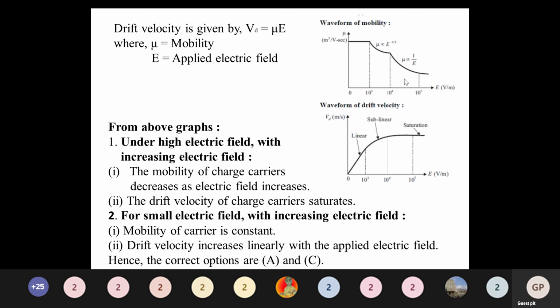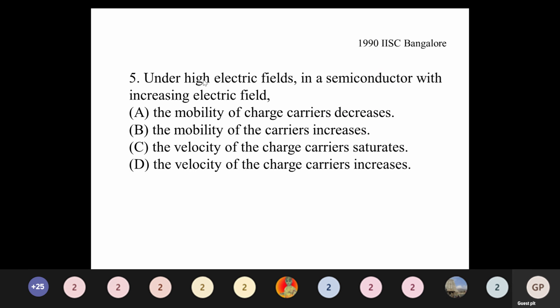In the first graph, at around 10 to the power 7, as the electric field increases, the corresponding mobility decreases. So the first concept is option A: under high electric field, the mobility of a charge carrier decreases. Option A is correct.